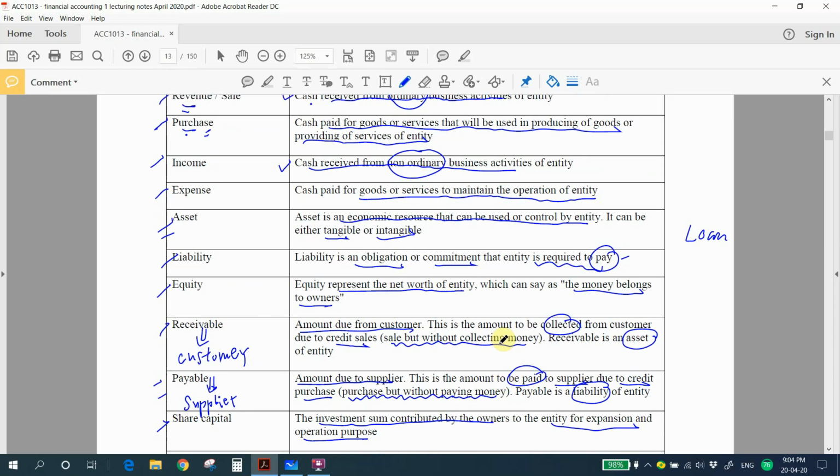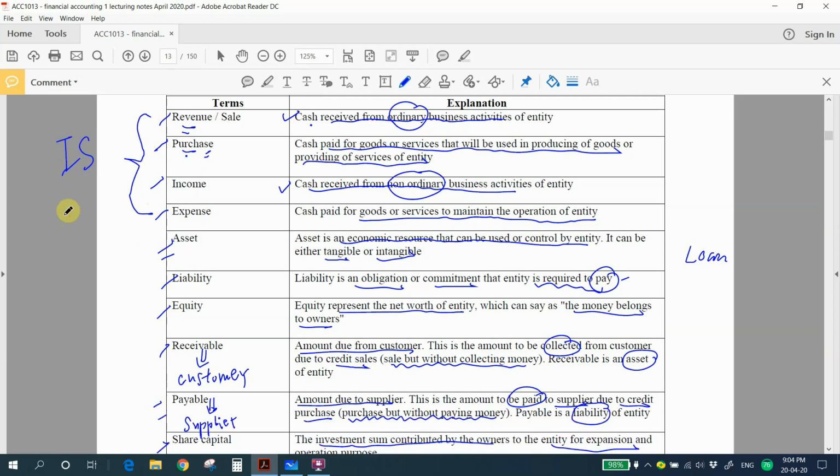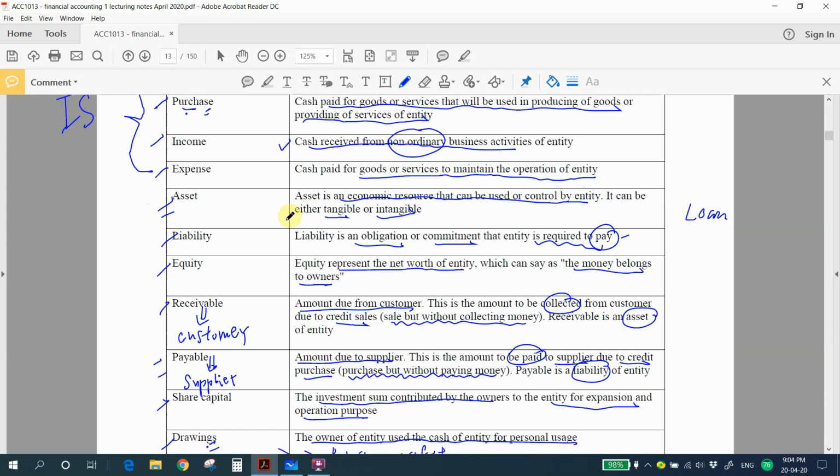We can do this marking: revenue, purchase up to expenses, these are IS entries, items that will appear in the income statement. And from asset up to drawings, these are the SOFP entries.